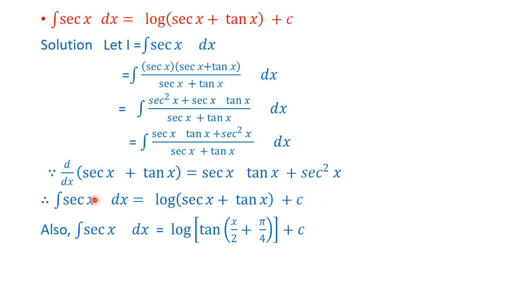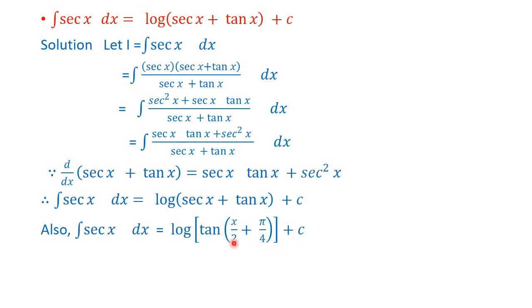Again, for the same integral we can have another form also, and this form is obtained by using the conversion formulas which we have learned in trigonometric functions in 11th standard, that is, sec x can be written as 1 by cos x and tan x can be written as sin x by cos x, and solving this reduces to the form tan of x by 2 plus pi by 4, plus the constant of integration c.